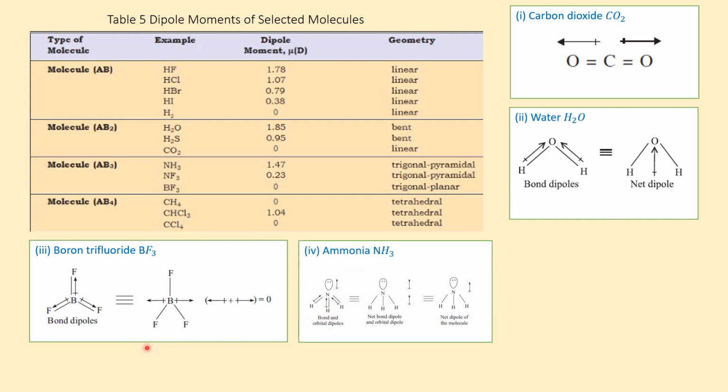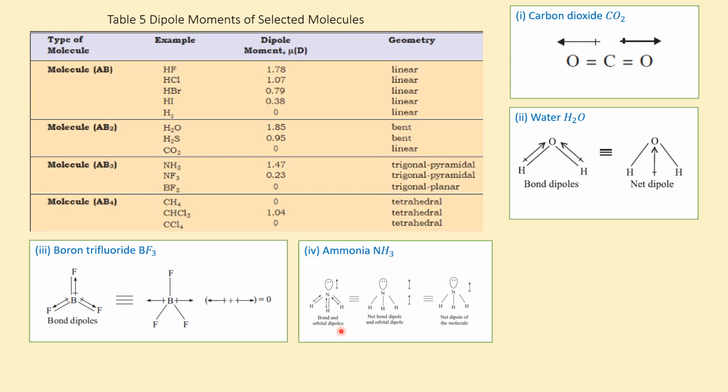Next example is for ammonia, NH3. NH3 has a pyramidal structure, which makes the arrangement of three NH bonds. You see, there are three NH bonds here. Nitrogen is the negative center and hydrogen is the positive center, as shown in the corresponding dipole symbols.